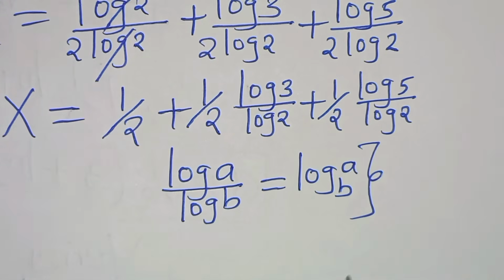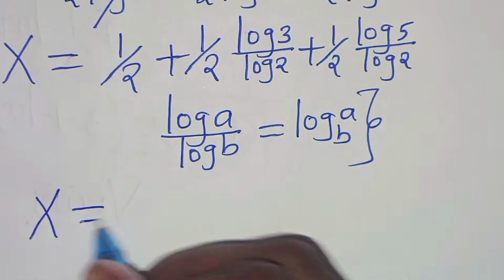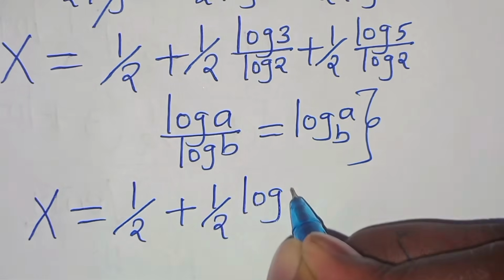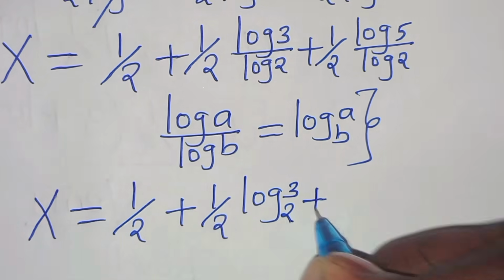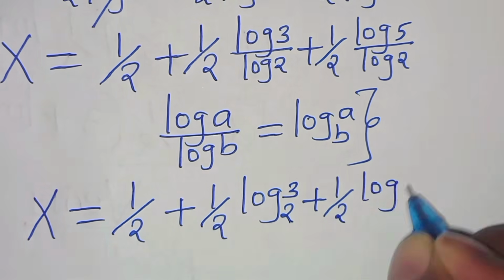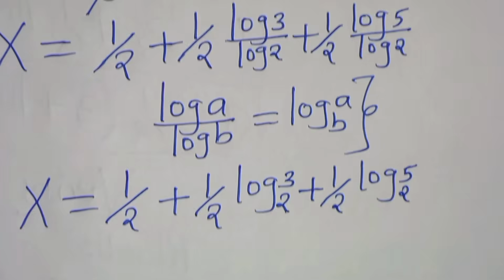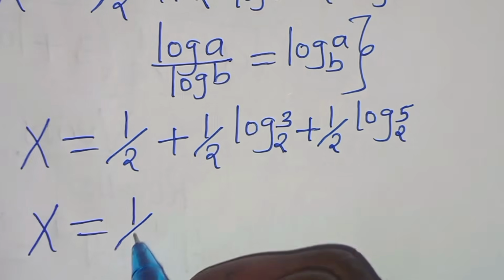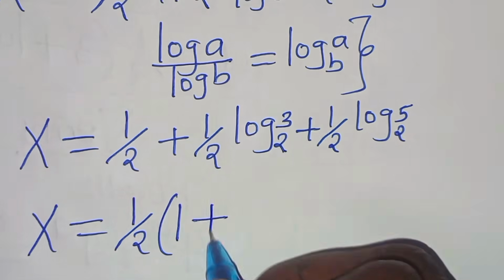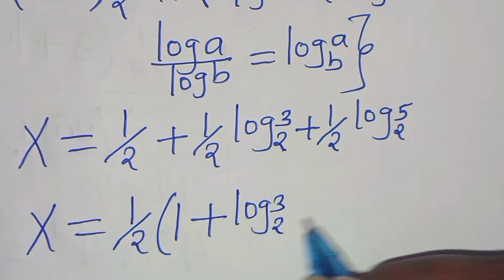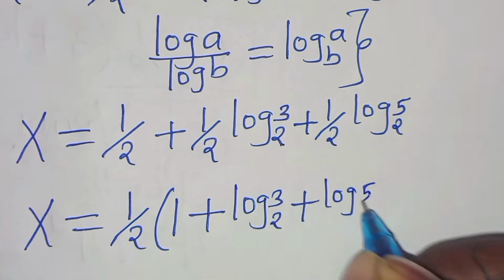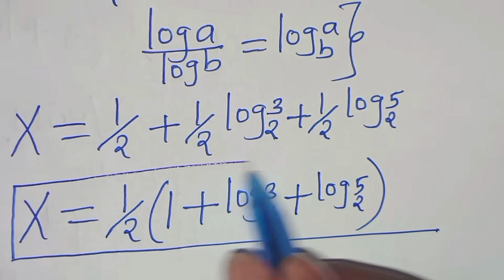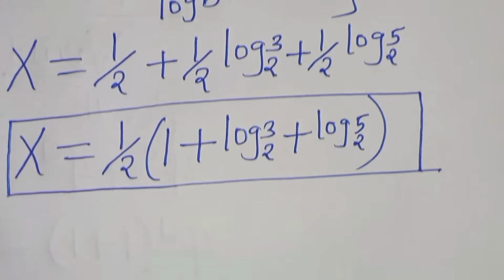Applying this property, x is equal to a half plus a half log 3 to base 2, plus a half log 5 to base 2. Since a half is common, we can express x as a half into the parentheses, 1 plus log 3 to base 2, plus log 5 to base 2. So this is the value of x.